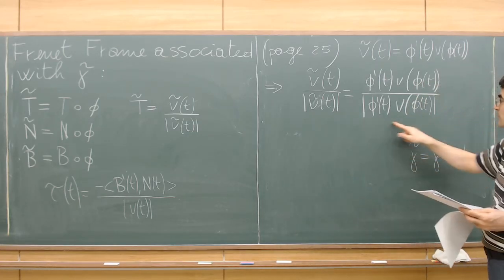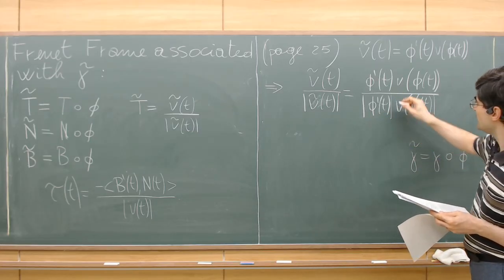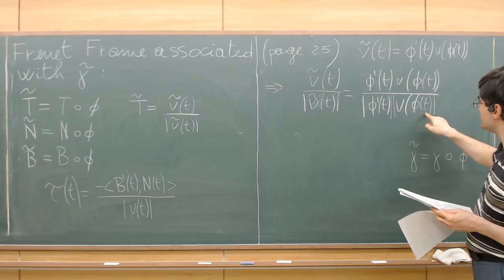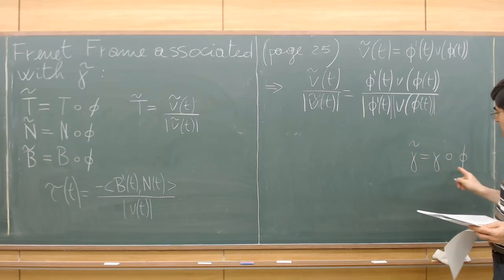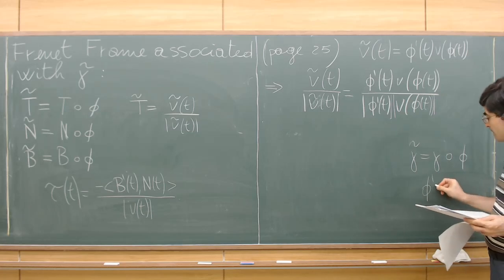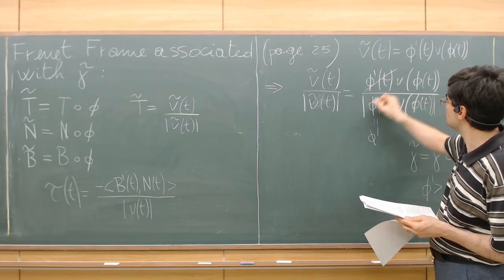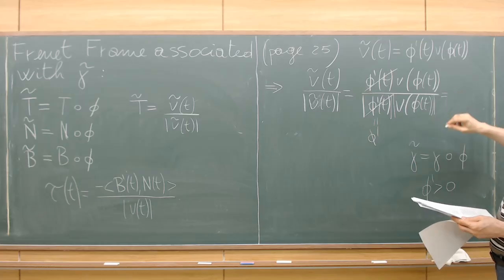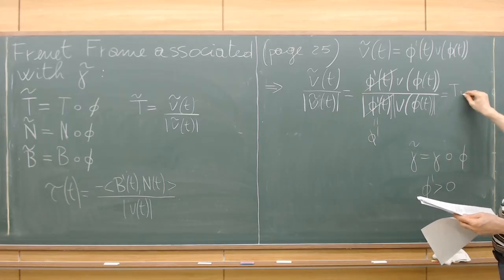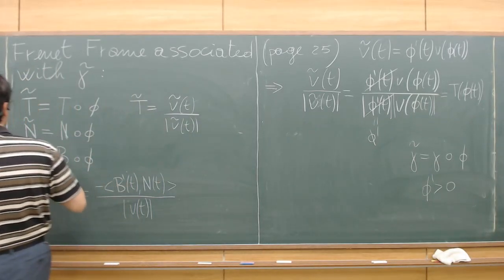But the length of this vector is the absolute value of phi prime multiplied by the length of V of phi of t. The hypothesis on phi was that phi prime was positive, so this is equal to phi prime, and these two terms cancel out. So this is nothing but T composed with phi, T of phi of t, and this proves the first formula.